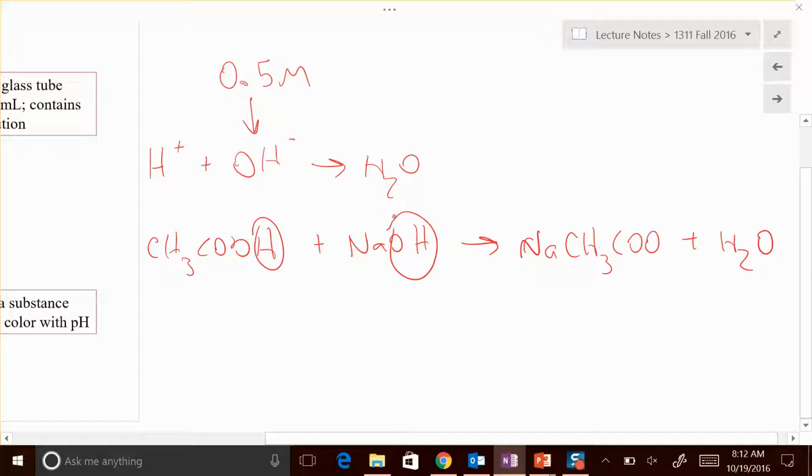But what's left over? What's left over is a weak base.